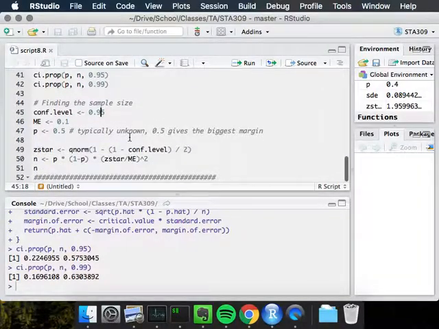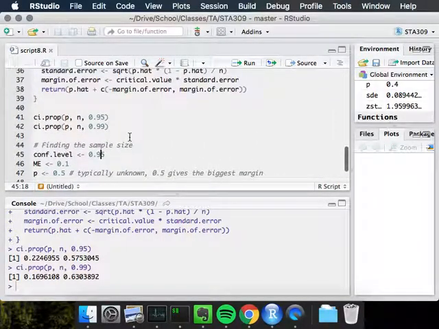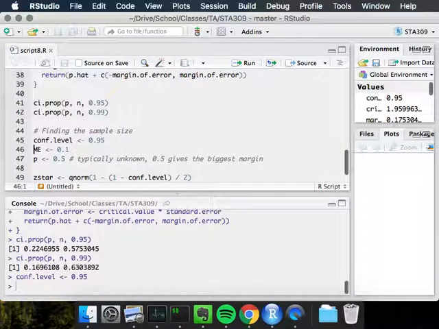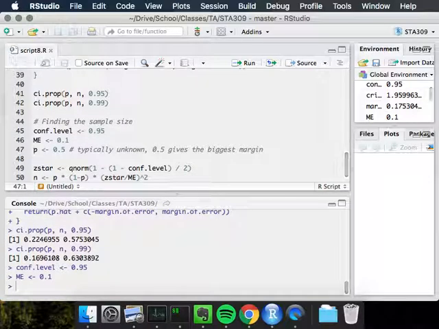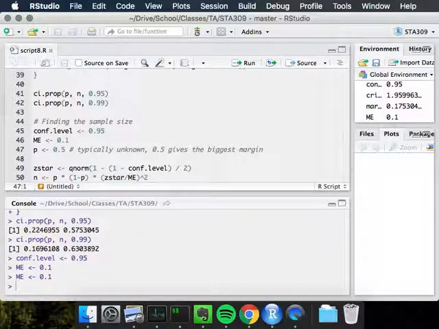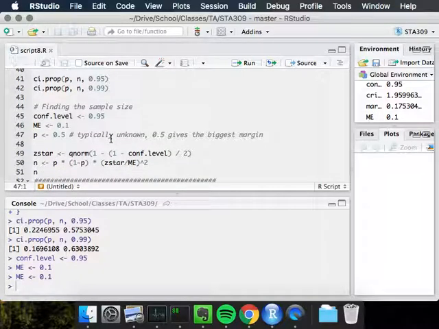You also need to find the sample size. Let's say you have a confidence level: you want to be 95% sure that the proportion is inside the interval, but you want to fix the size of the interval, with a margin of 0.1.